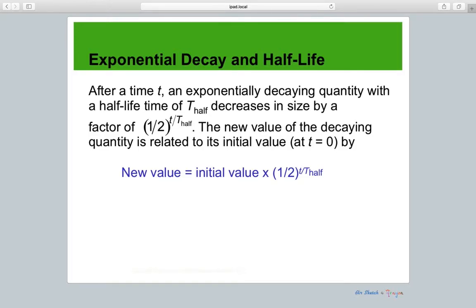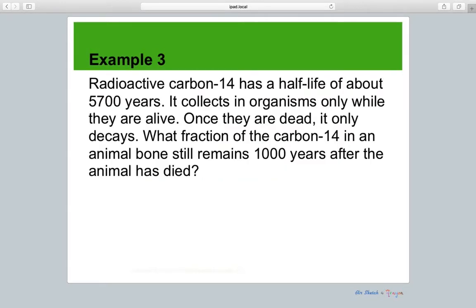All right. So for exponential decay, we get a similar formula that relates the new value to the initial value. Key difference is that now the exponential factor is 1/2 to the t over T half. Radioactive carbon-14 has a half-life of about 5,700 years.